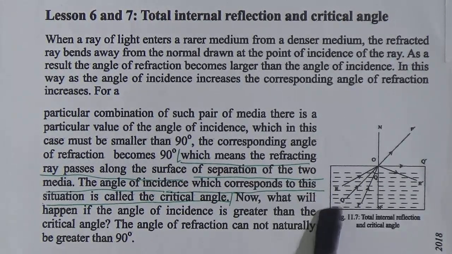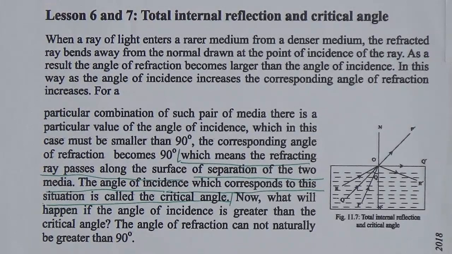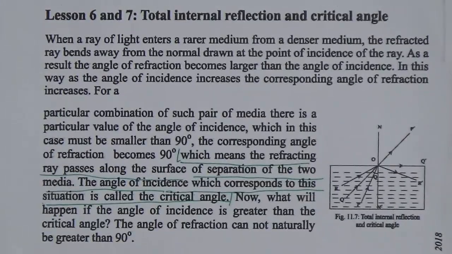Now what will happen if the angle of incidence is greater than the critical angle? The angle of refraction would naturally be greater than 90 degrees. Now come to the figure.